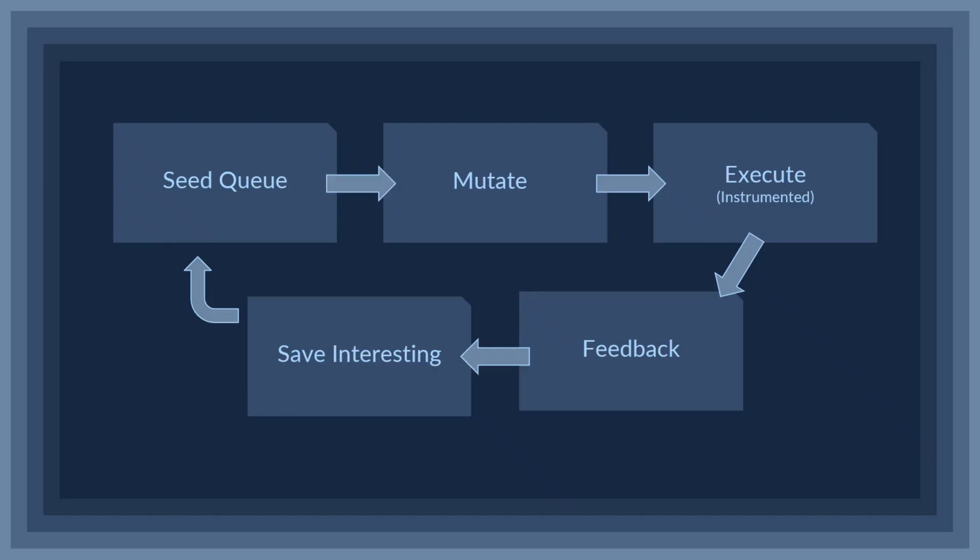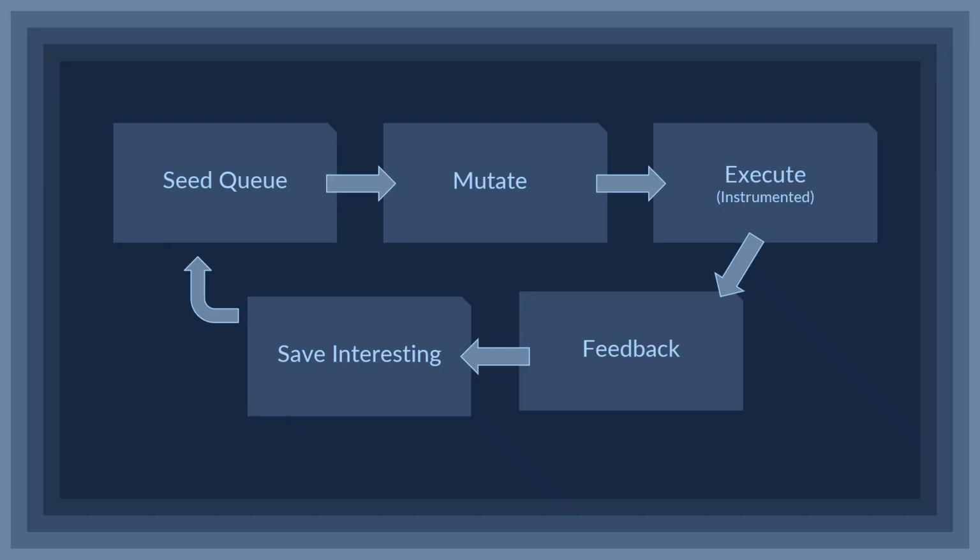But basically, if this feedback is interesting, which means it either increased coverage or triggers a crash, then we can save it back into the queue and repeat the whole process over again. So this whole cycle is basically a feedback-driven search process, repeatedly taking these seeds, mutating them, and seeing if we get any good outputs from them.